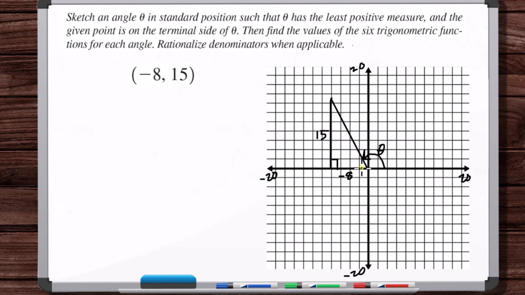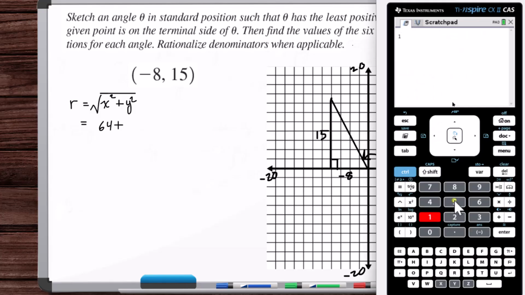Okay, what is the radius? What is the hypotenuse length of that right triangle? It's the square root of x squared plus y squared. 8 squared is 64. 15 squared is 225.